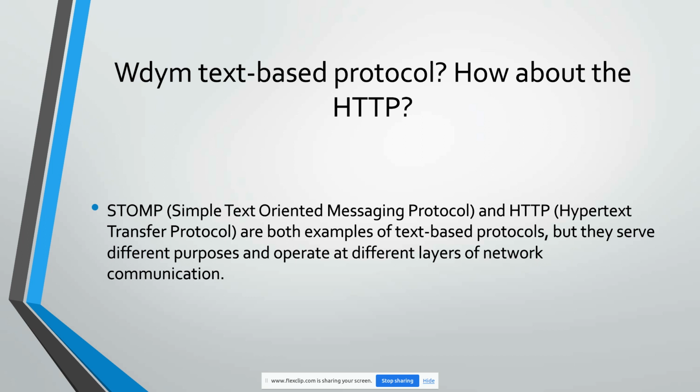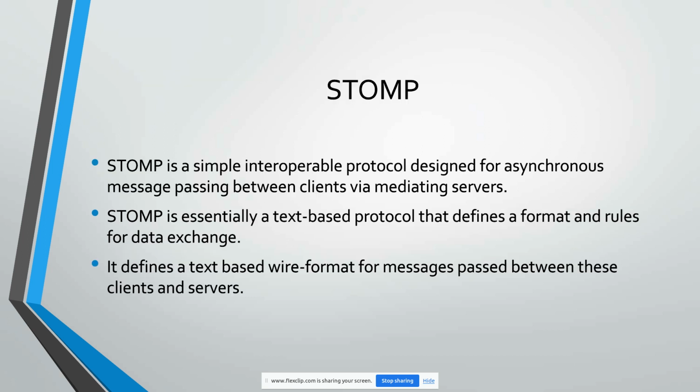They're both text-based protocols, but they serve different purposes and operate at different layers of network communication. Stomp is just a messaging protocol for messages. HTTP is for the web, a transport protocol on the application layer. So that's the difference between them.